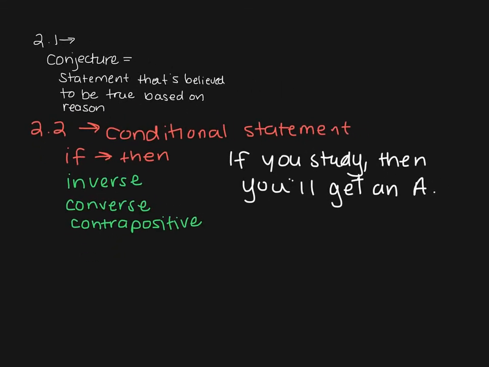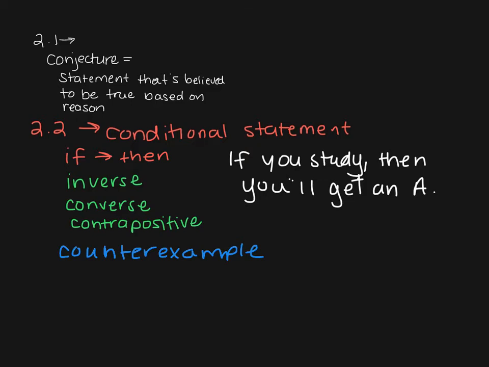And if it asks for a counterexample, which is something that makes that statement false, so something that makes the first part true but the second part false, that could be like you did study but you still didn't get an A. Okay, that would be a counterexample.